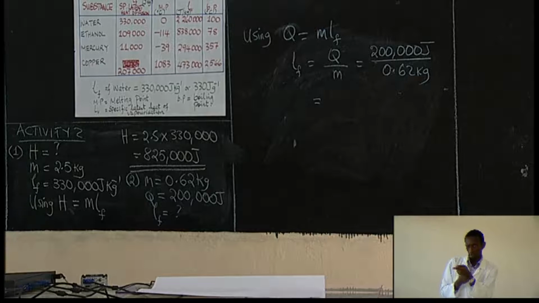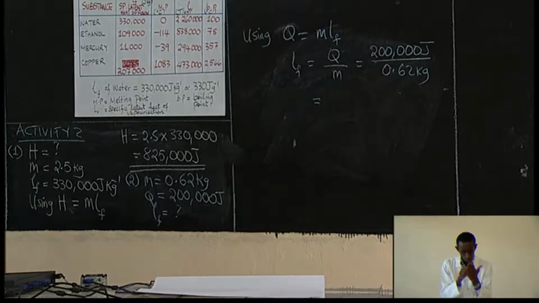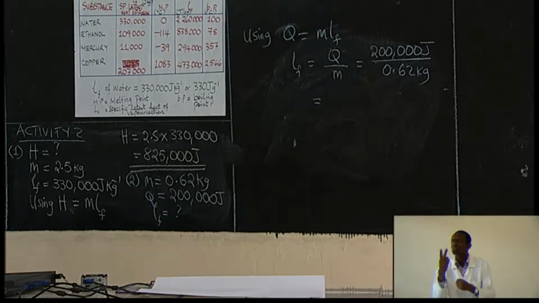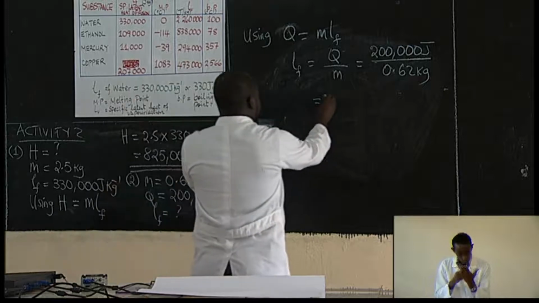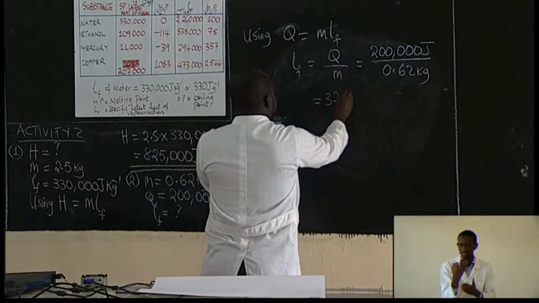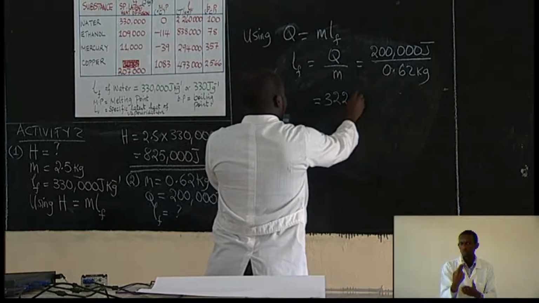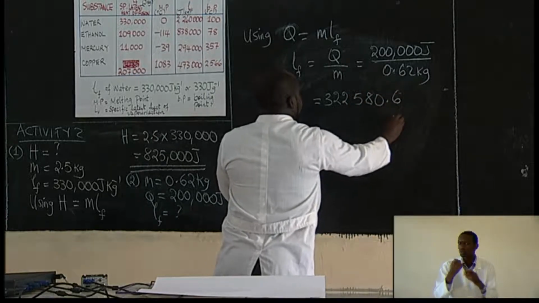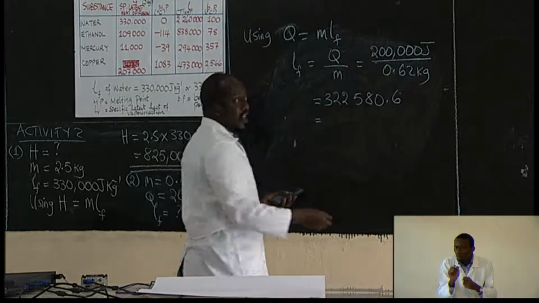Again, we get our calculators. So it is 200,000. Okay, you press it with me. 200,000 divided by 0.62. And what do you get there? My figure here is 322,580.6. But I want to put it to the nearest whole number.